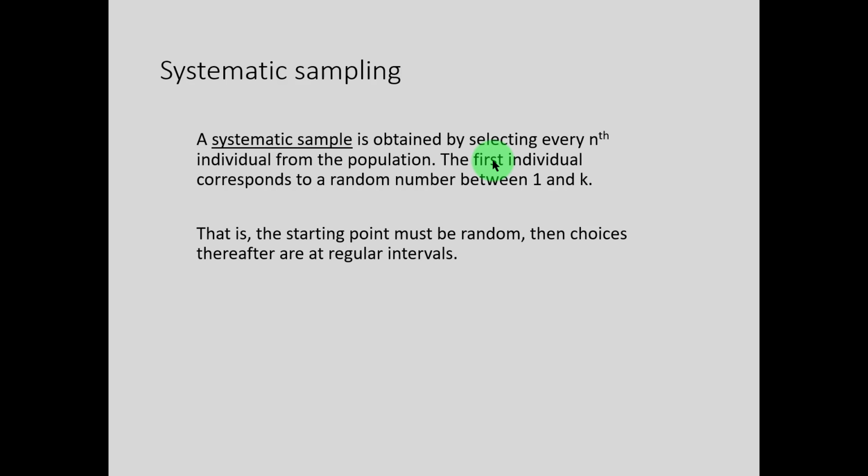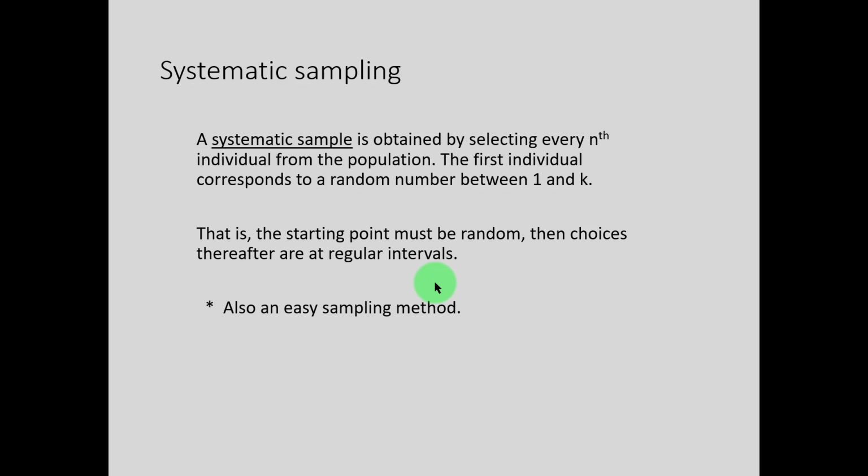Now it doesn't sound super random, but where the random component is inserted is the starting point. So you start your selection process at a random location, and then you make your selection at regular intervals after that. So every 6th dog or whatever you are sampling.